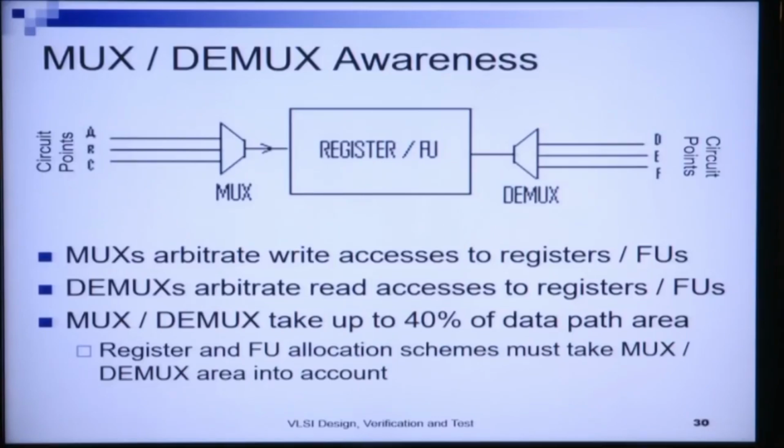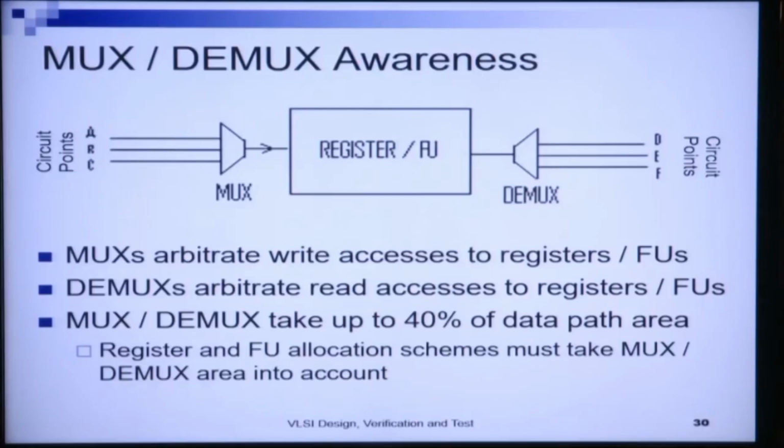For example, we said that register and functional unit allocation choice will also determine the mux choice. Why? Because the numbers and types of functional units and registers that we have will determine how many muxes and demuxes we need, and what their types will be. And we said that muxes arbitrate write accesses to registers or functional units.